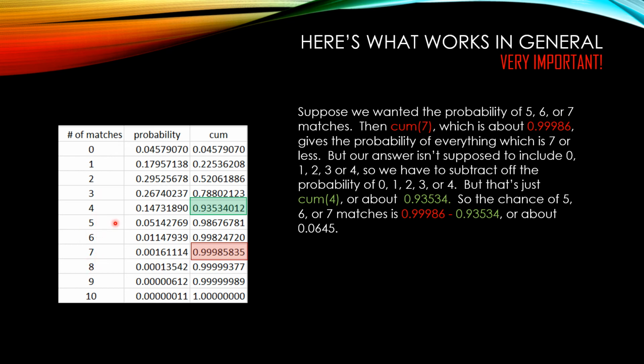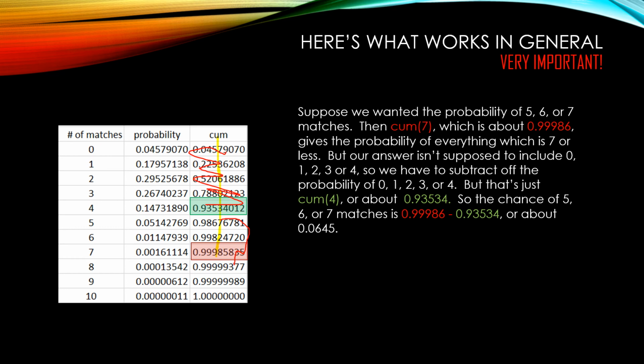That is, I don't want to include the numbers 4 or 3 or 2 or 1 or 0 in this total. This is 7 or less. I'm going to subtract off 4 or less. That means take everything from here on down, which is fantastic, and then subtract off or get rid of everything from here on down. And when I do, the 3 things I'm left with are these ones right here.